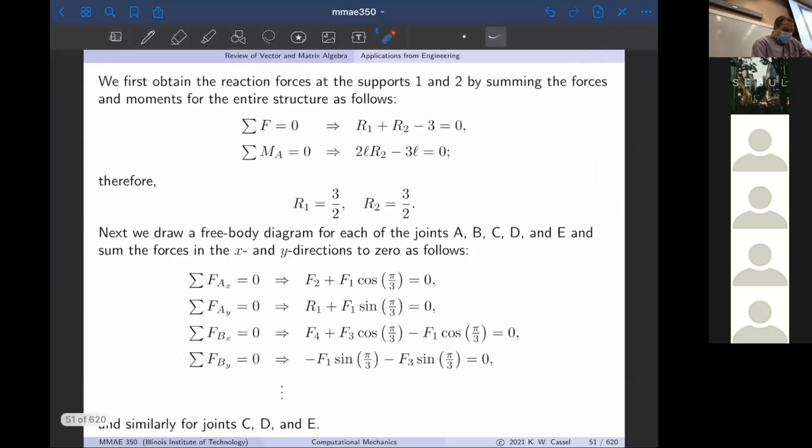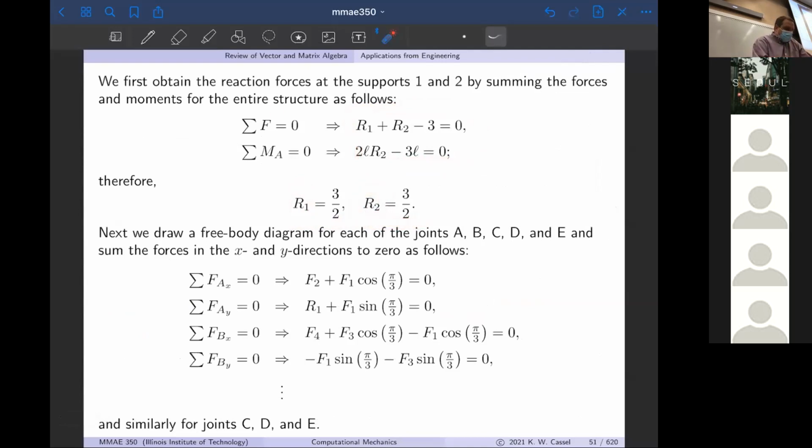So I have 2L R2 minus 3L equals 0. With those 2 equations together, I can determine what I would expect: half of the 3 Newton force is handled by the R1 support, and the other half by the R2 support. All right, so that's the basic statics.